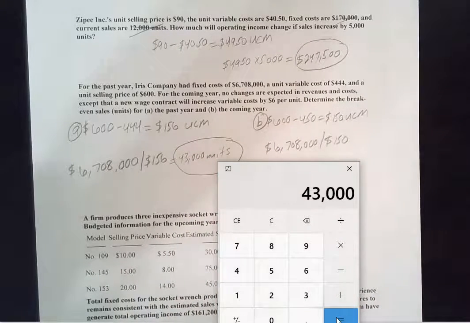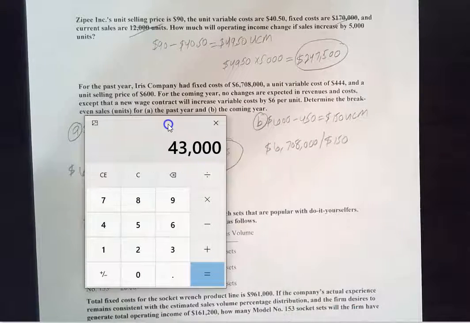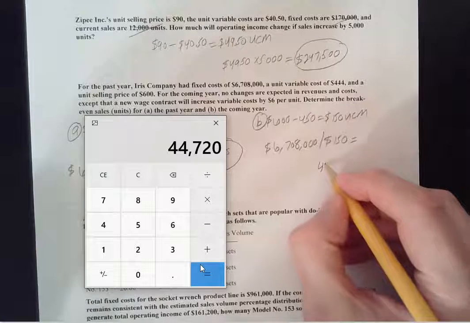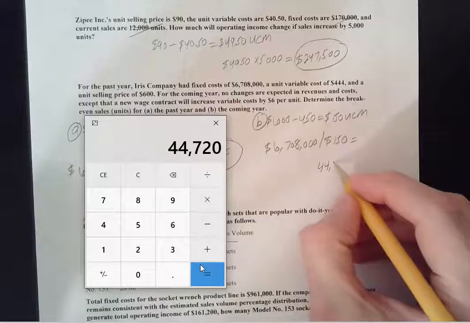And for the current year, it's the same $6,708,000 divided by 150 per unit. And as expected, our break-even point in units went up.